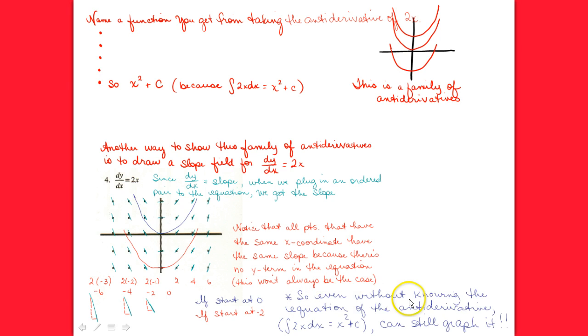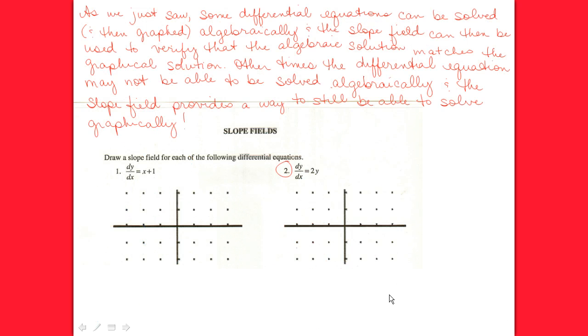Even without knowing the equation of the antiderivative x squared, you'll notice I just graphed x squared plus 0, x squared minus 2. I literally just was able to graph those values. And so the same way that up here we calculated the antiderivative, down here we didn't have to calculate it.